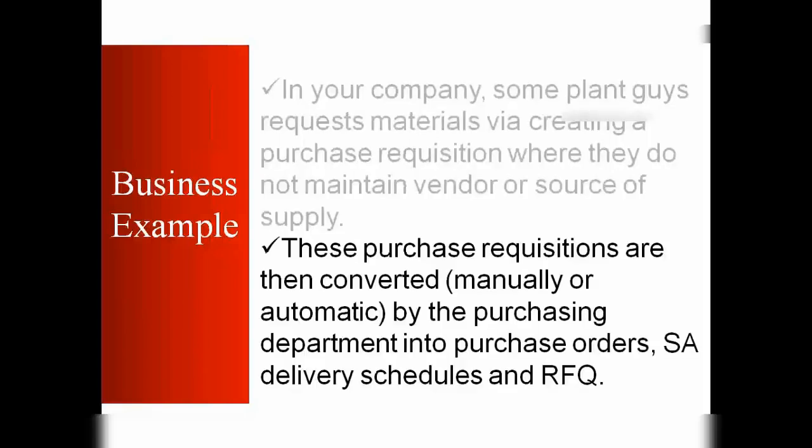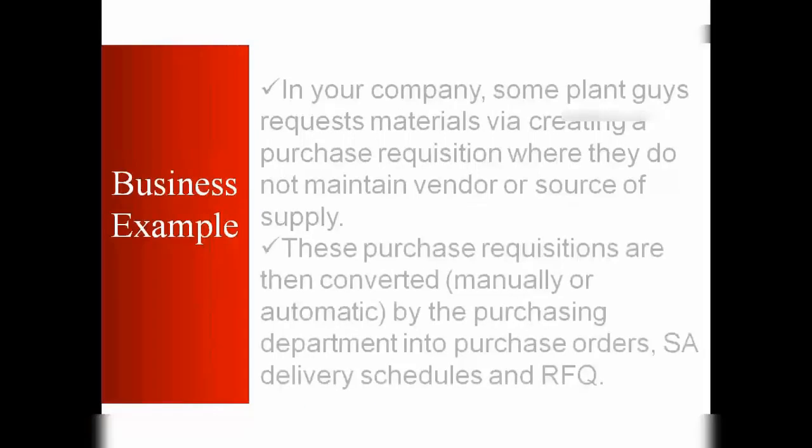These purchase requisitions are then converted manually or automatically by the purchasing department into the purchase order, or maybe the scheduling agreement delivery schedule lines, or request for quotation. So let us assume the first scenario, how we can process non-assigned purchase requisitions.